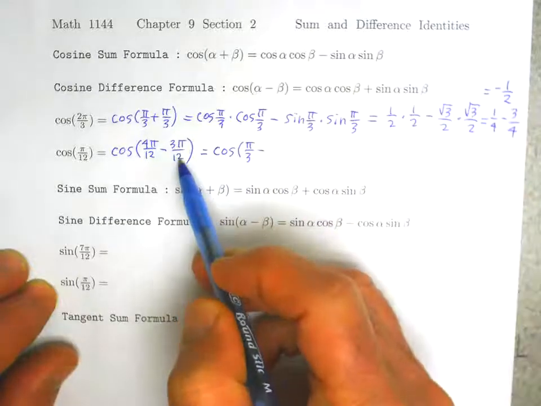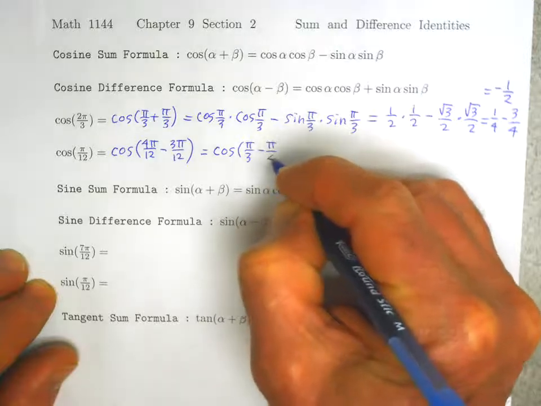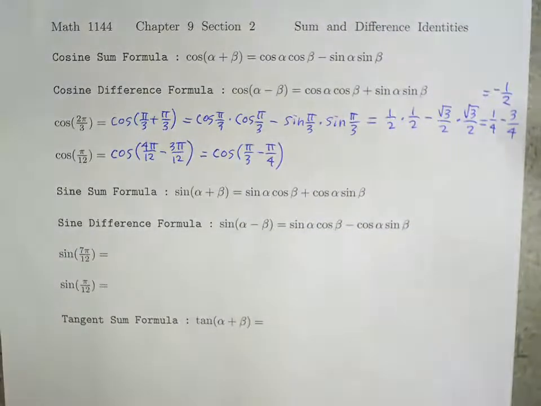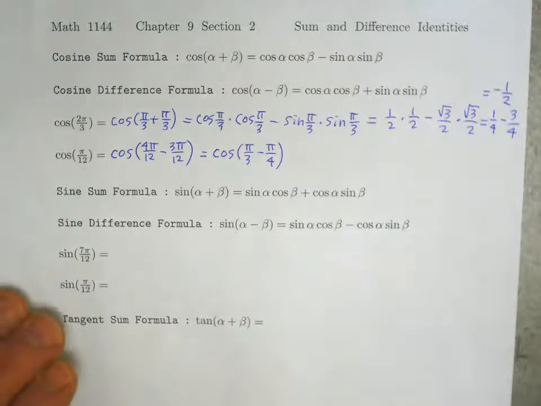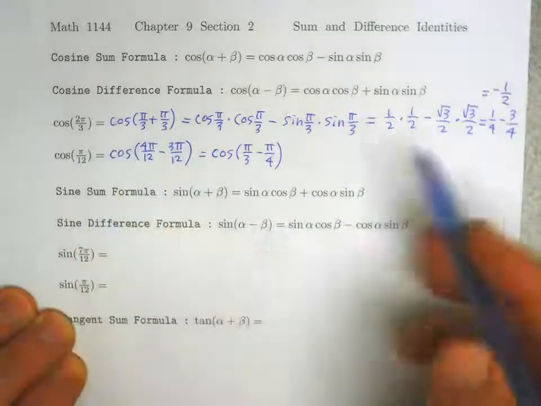And 3 pi over 12 is pi over 4. And we recognize pi over 3 and pi over 4 as special angles. So this time we're using the cosine difference formula.